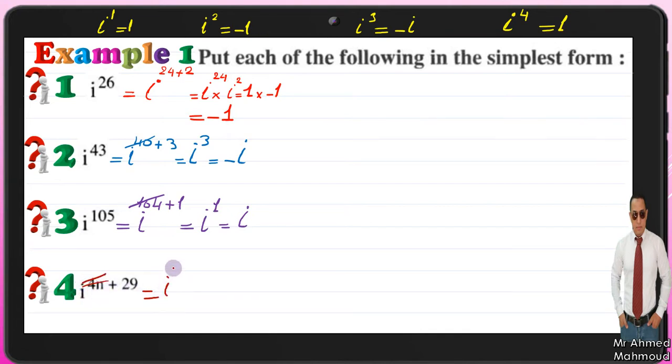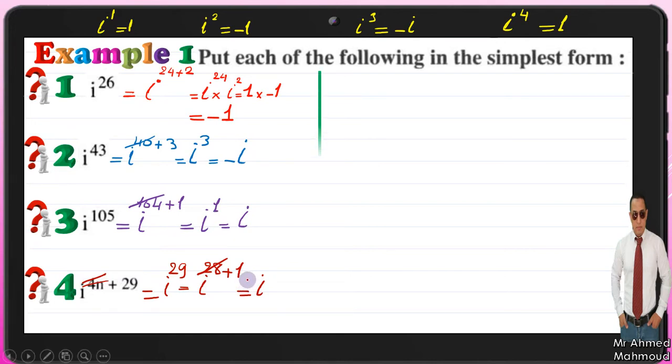It will be i to the power of 29. 29 is not divisible by 4, but 28 is in table 4. So it will be i to the power 28 plus 1. Cross out 28, it will be i power of 1, and i power of 1 equals i.